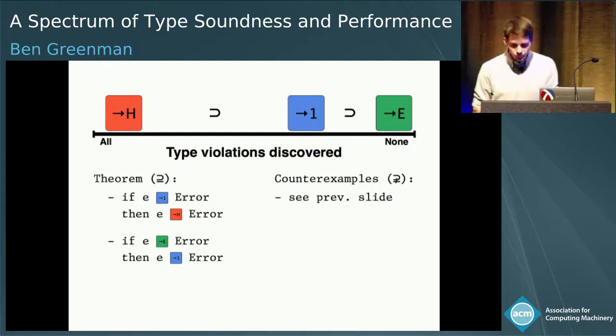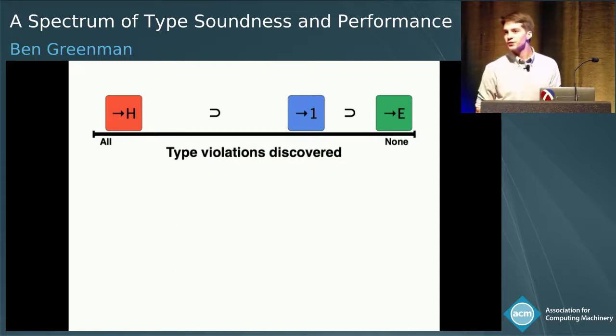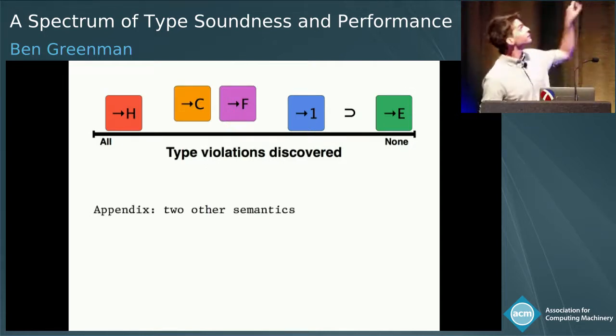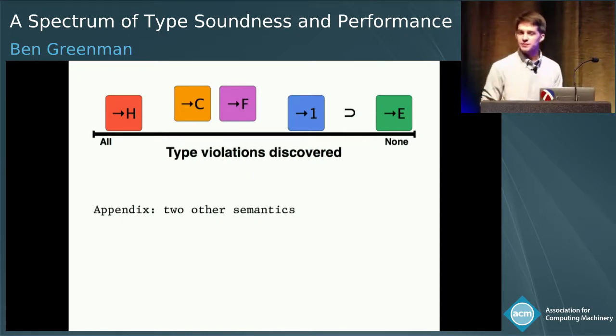And so this is three points on a spectrum. In the process of doing this, we identified two other approaches to checking types at the boundaries. And we conjectured they fit here between higher order and first order. So we certainly have the strict subset relation, and you can see this in the appendix. Yeah, let's move on. There's at least five approaches.